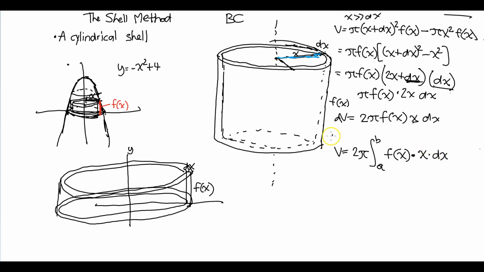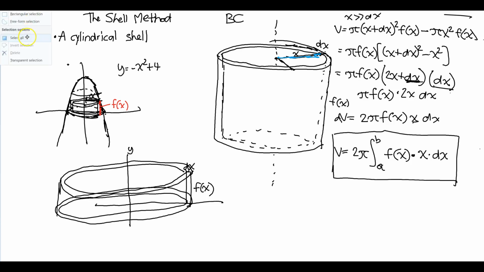Okay, and that is basically the integral formula for the shell method. So we literally just added an infinite amount of infinitely thin cylindrical shells, and that will add together to get us our volume.